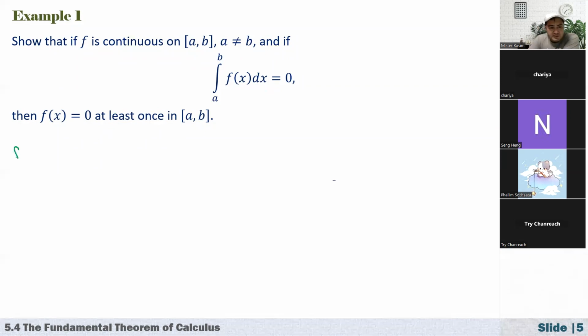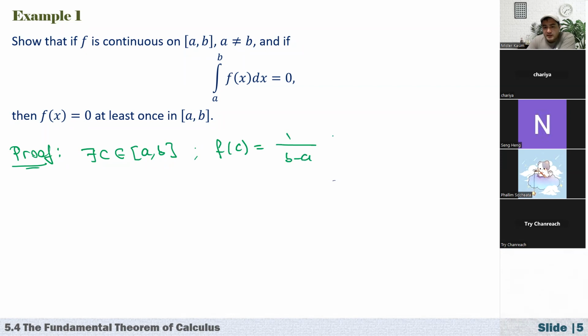Now, how to show this? We have to prove that f of x can be 0 at least once in ab. By using the mean value theorem for definite integrals, we have at least one c in the interval ab where f of c is equal to 1 over b minus a times the integral from a to b of f of x dx.